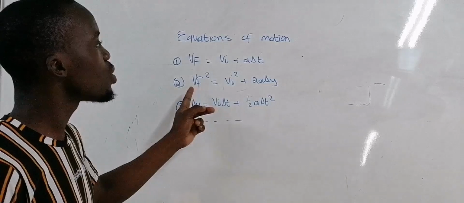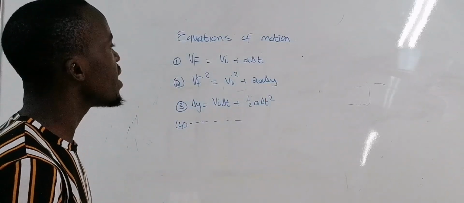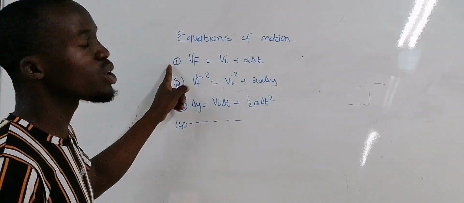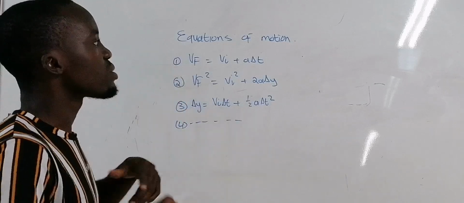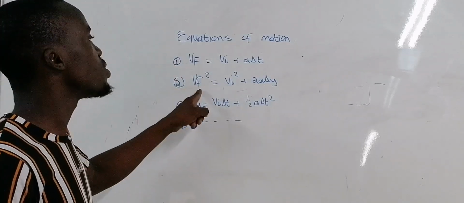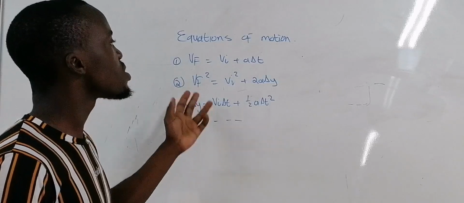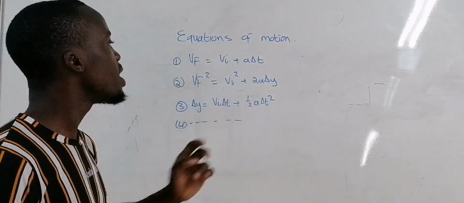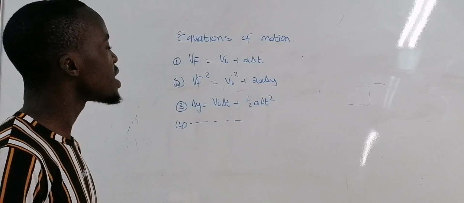But this one, you cannot use it to calculate what? The delta t. Or if they ask you to calculate delta y, this one is obvious that we cannot use it to calculate delta y. But we can use it to calculate something else that can lead us to use this formula. So this one and this one, we can use them to calculate what? The delta y, since they have the delta y variable here. I don't know if you understand that.